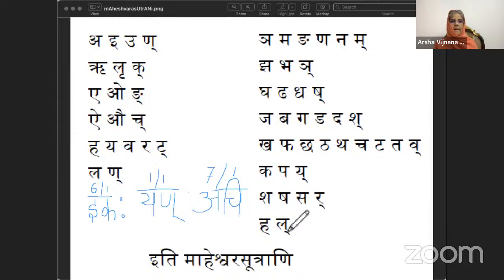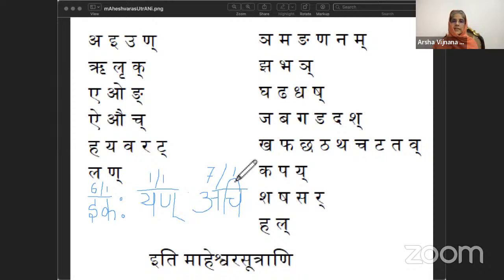One thing we need to know is that when we say 6-1, we think that something is belonging to ik, and when we say 7-1, it's the locative case, so something is located in something. That is not the Paninian way. Panini has a different idea of how to use the cases.